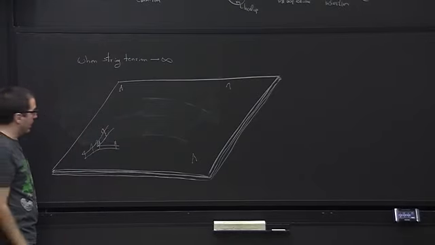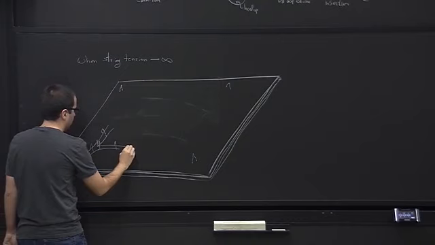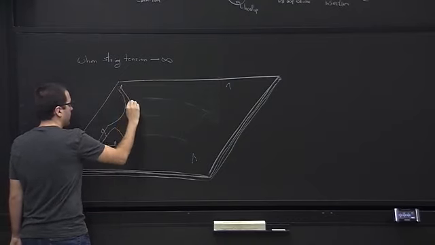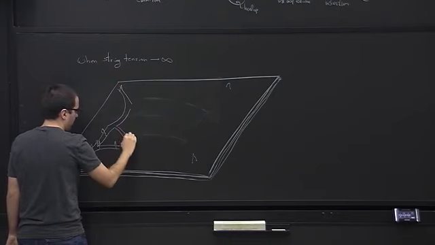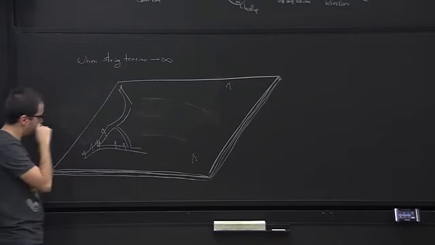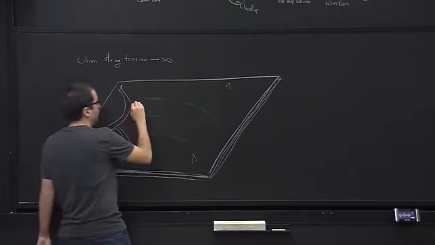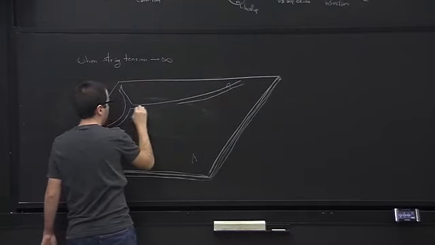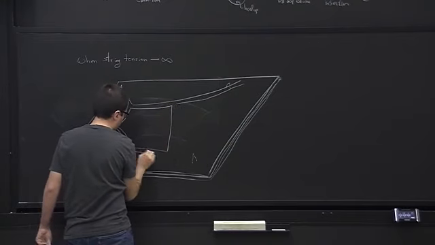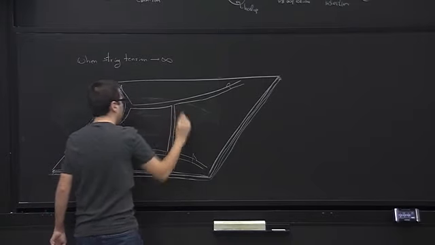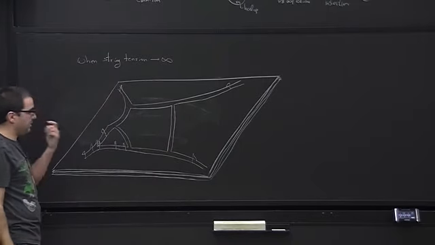Okay? And then this string can again split into two strings, and one can go, say, here. And this is again when the string splits into two strings. And so on. So this would be the natural diagram that we would draw if we would start studying this open string scattering.